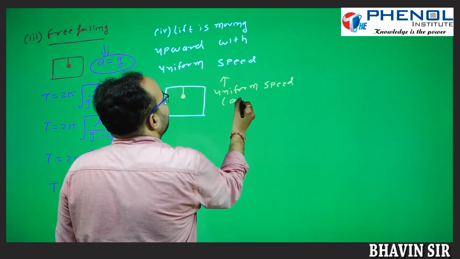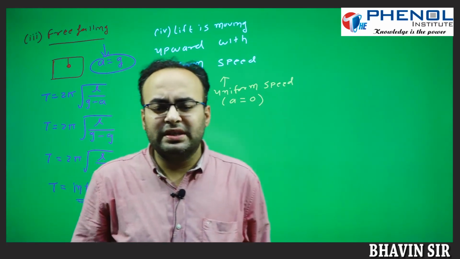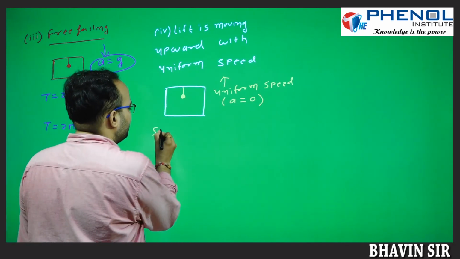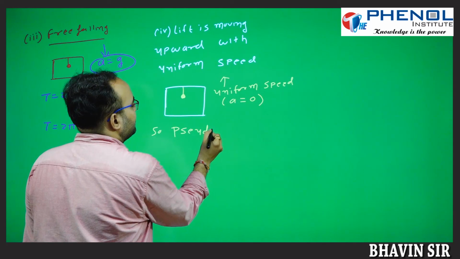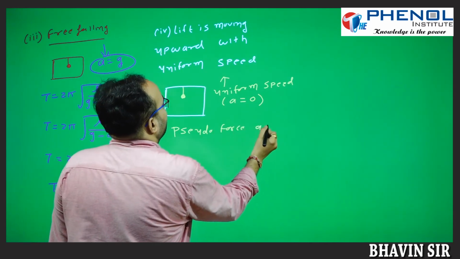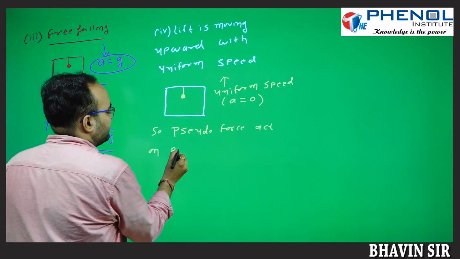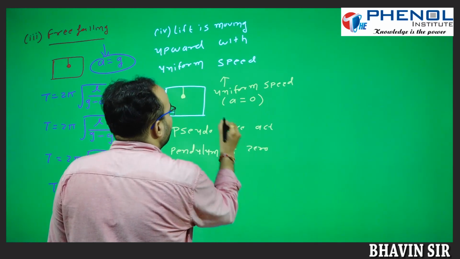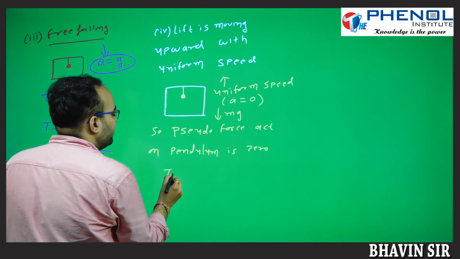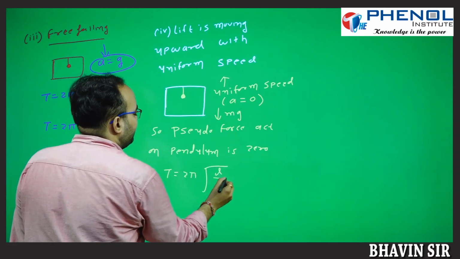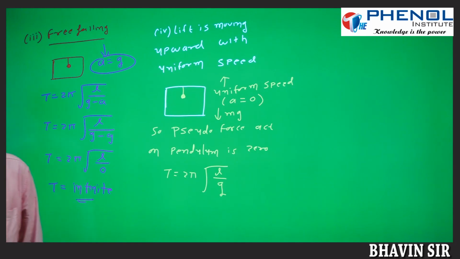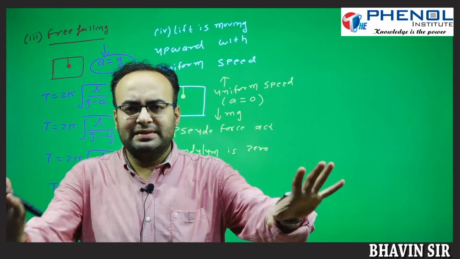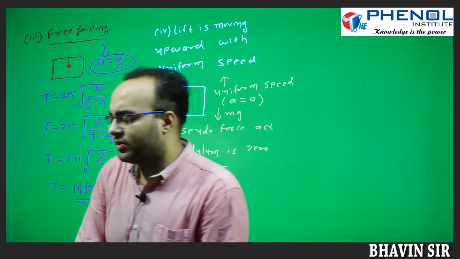Uniform speed means acceleration 0. So it means acceleration 0, then no pseudo force acts. If there is no pseudo force, then only one force acts, mg, then what is its formula? Same, L by g. If it is an accelerated frame of reference, the pseudo force acts and the time period changes; otherwise it remains the same, 2 pi under root L by g.